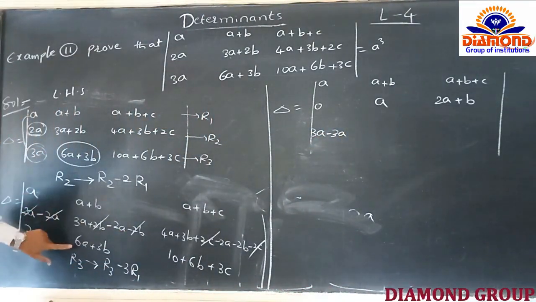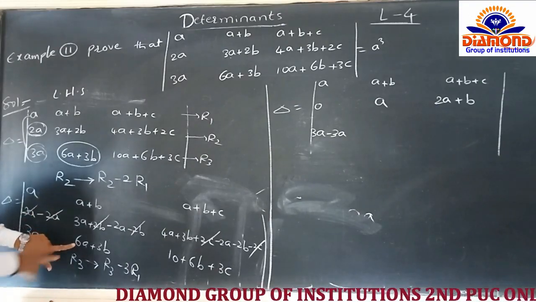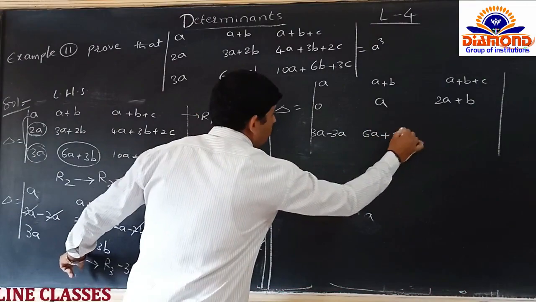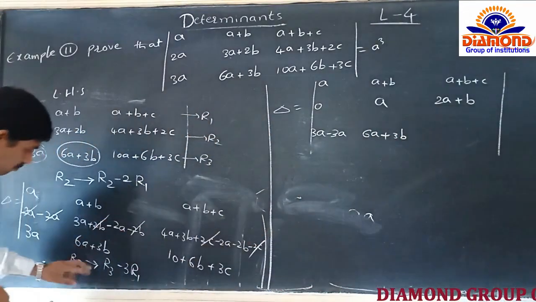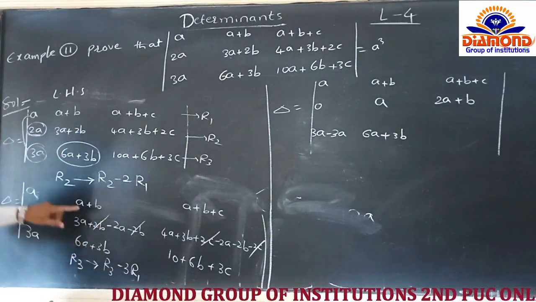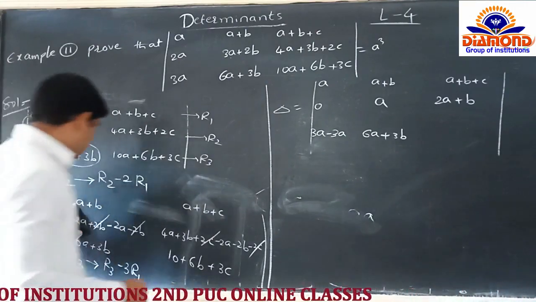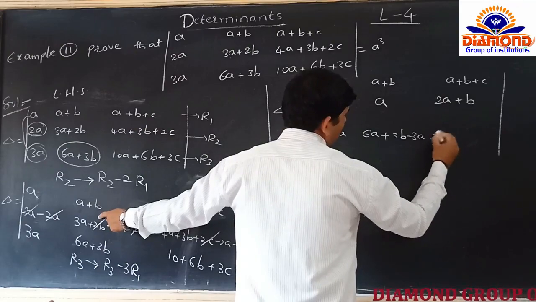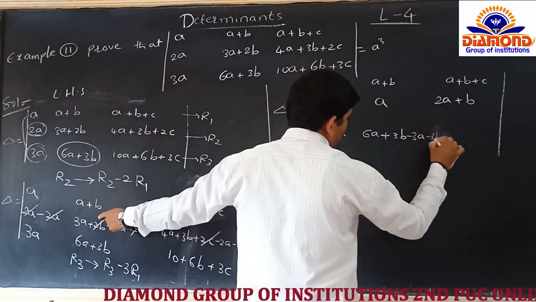Now the second element: 6a. First we write R3, plus 3b, then minus multiply with 3 for R1, so minus 3a, again minus 3b.